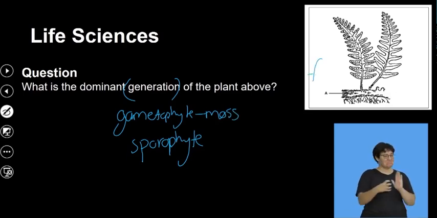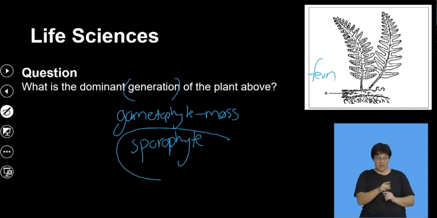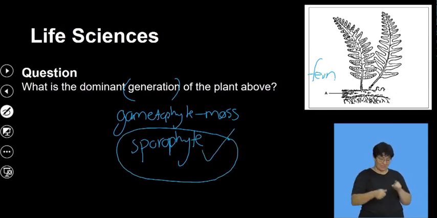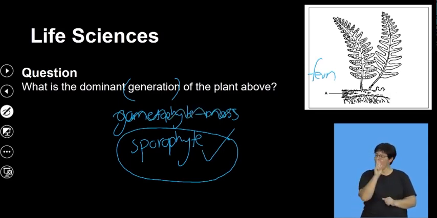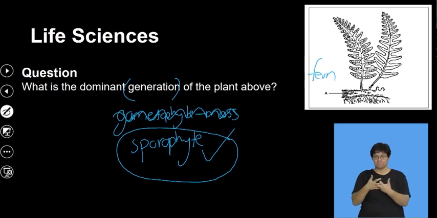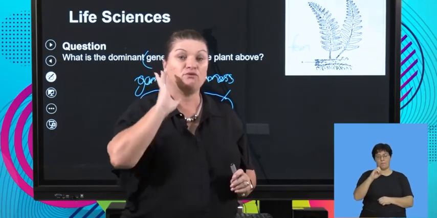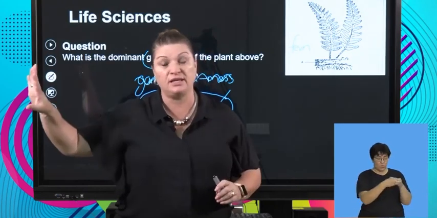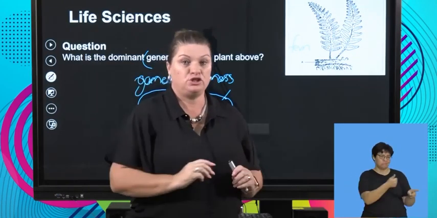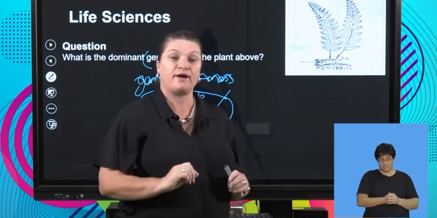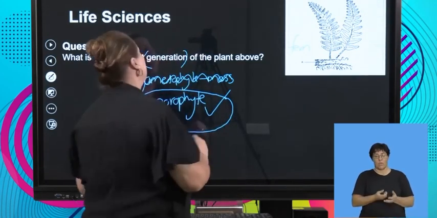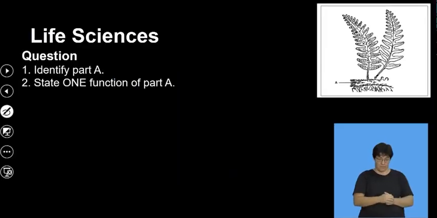What is this? This is the fern. So what is the dominant generation? The sporophyte generation. So please make sure that you know that. The only plant group where the dominant generation is the gametophyte was the moss. The rest of the groups, everything else that we did, the dominant generation is the sporophyte, the spore-producing generation.